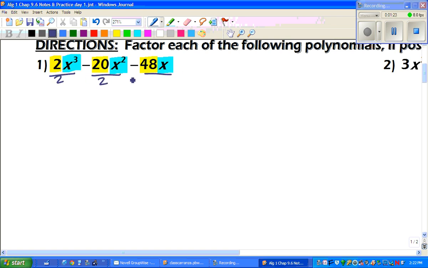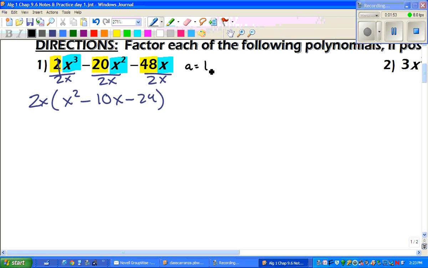We can take out a 2 from everything, and since everything also has an x, we can take out a minimum of 1x. So the 2x comes out front, and now we divide. 2 divided by 2 is 1, and then x, so we get x squared. 20 divided by 2 is 10x, and then 48 divided by 2 is 24.